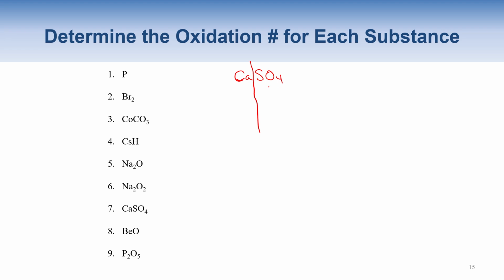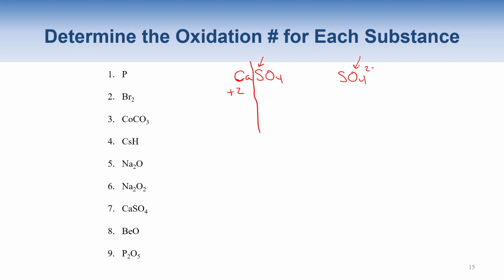So sulfate has a -2 charge. If this half is -2, then this half has to be +2. Coincidentally, there's also a rule for calcium, so either way we look at it, calcium's going to be +2. But now we have to figure out what sulfur is. So we're actually going to chunk away the SO4 polyatomic ion and set it equal to its charge.